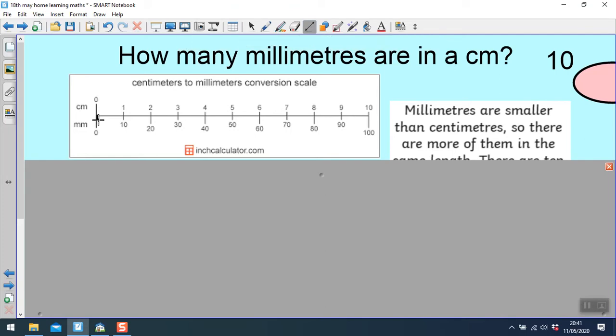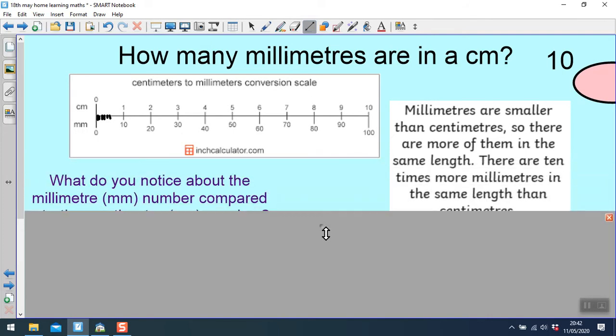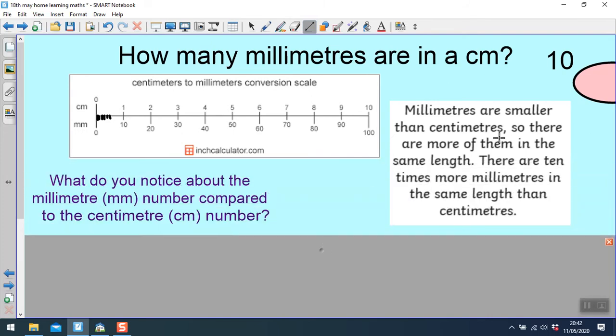You have got 10 little lines on your ruler and they're all millimetres, so you've got 10 millimetres in 1 centimetre. Millimetres are smaller than centimetres, so there are more of them in the same length. There are 10 times more millimetres in the same length than centimetres.